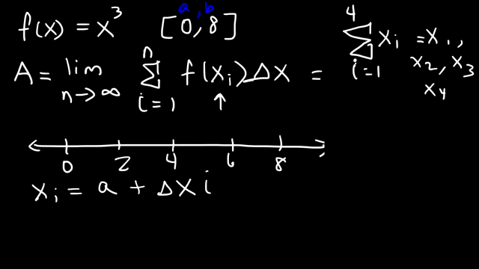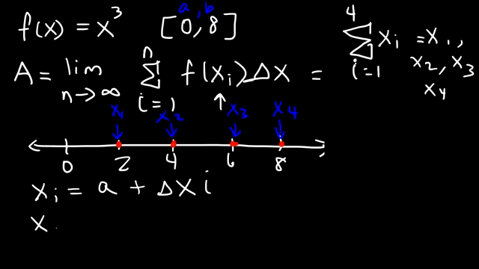Using the right endpoints, we need to choose 4 of the 5 points listed on the number line. And so we're going to use the 4 points on the right side: 2, 4, 6, 8. When i is 1, the x value is 2, so we could say x sub 1 is 2, and x sub 2 is 4. Let me use a different color to distinguish it from the stuff above. So this is x sub 1, x sub 2, x sub 3 is 6, and x sub 4 is 8.